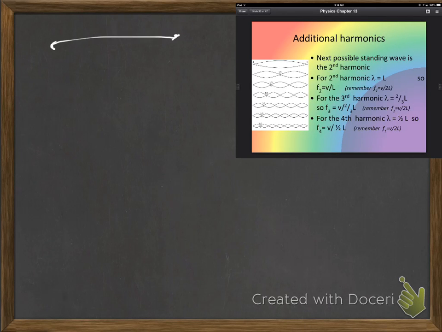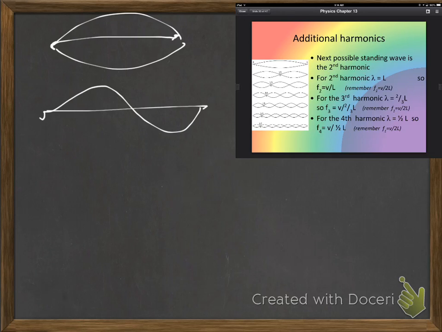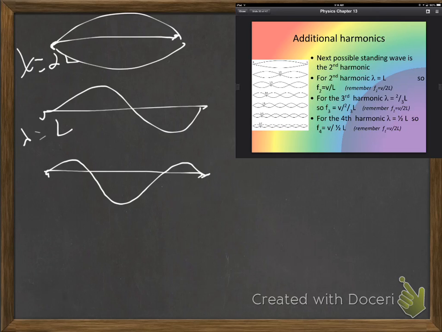You remember this picture, I'm sure, from standing waves. And they get tougher and tougher to draw. So we remember the relationships: lambda equals 2L, lambda equals L, lambda equals what? What is it? 2/3 L. Okay.